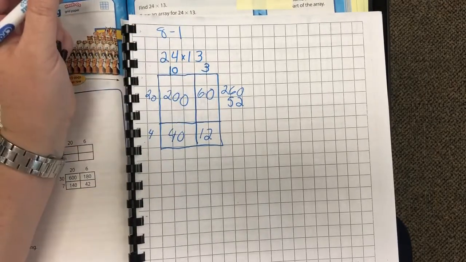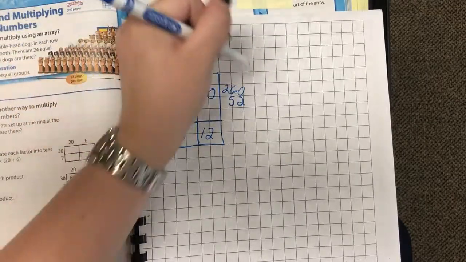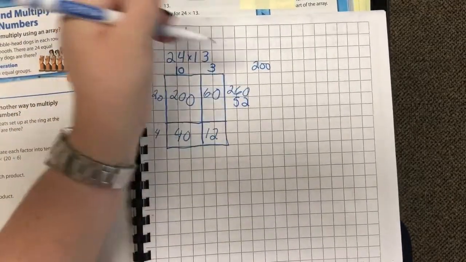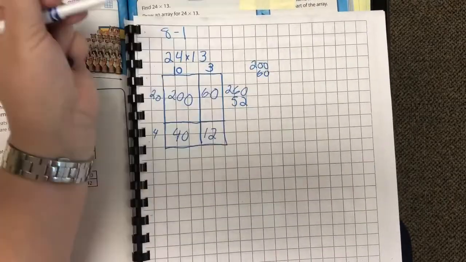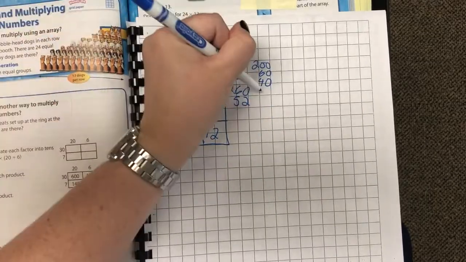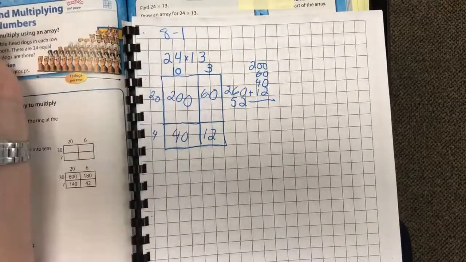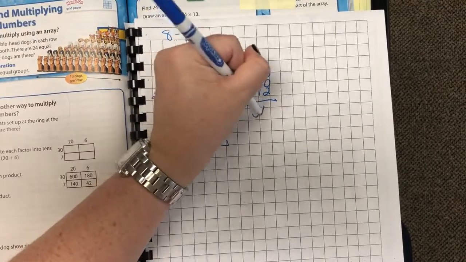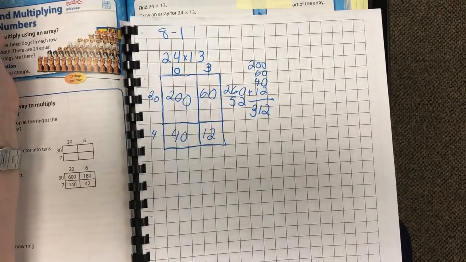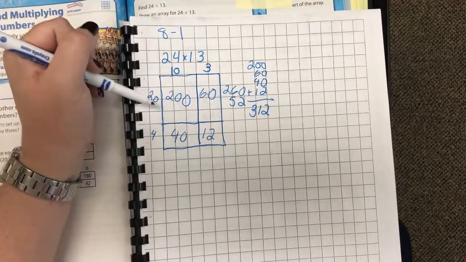I can choose any way I want, as long as I am doing 200 plus 60 plus 40 plus 12. It equals 312. Now, again, you won't be drawing this. You will just be looking at this.